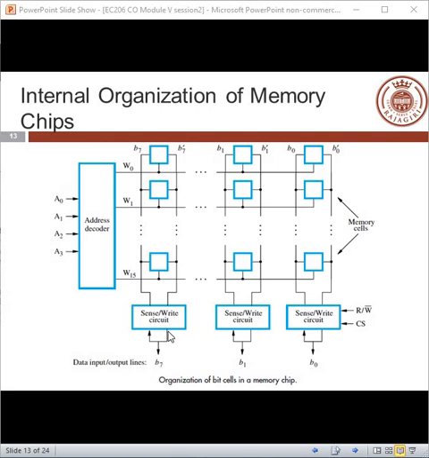Then we have 8 data bits, B0 to B7. So 4 plus 8, 12. Then we have the read or write signal and chip select CS. So 12 plus 2, 14. Then we have 2 pins for power and ground. The total will be 16 pins.